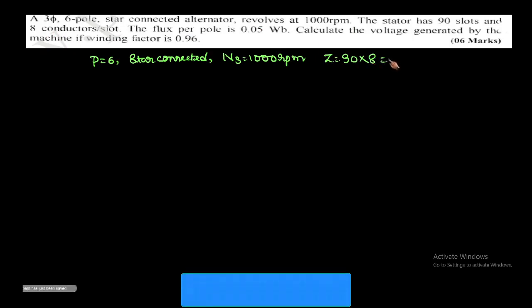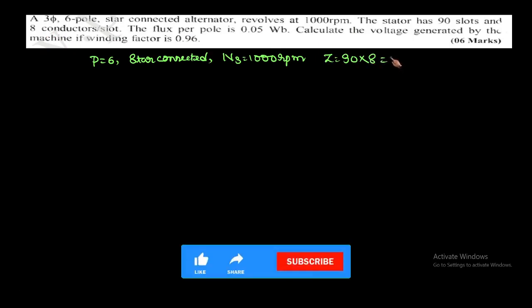It is a 3-phase alternator, the number of poles is given as 6. The stator is star connected. It revolves at 1000 rpm, that is, the synchronous speed is given as 1000 rpm. The stator has 90 slots, and each slot consists of 8 conductors. That means 90 into 8, you get a total of 720 conductors.